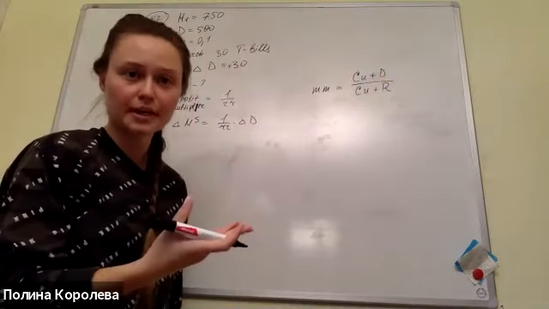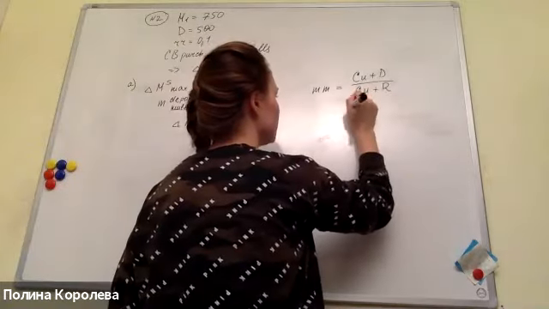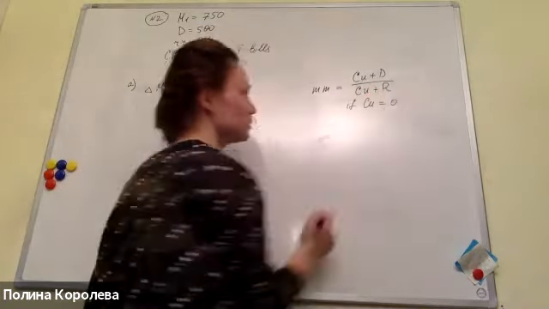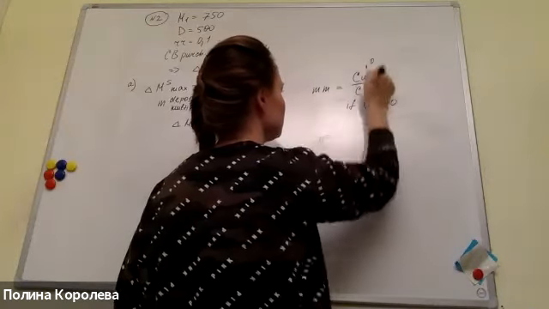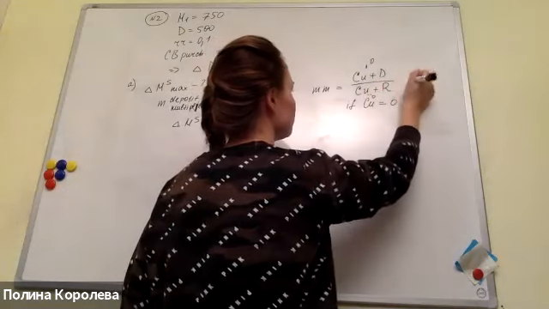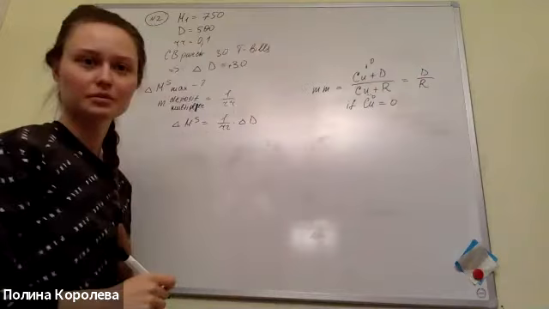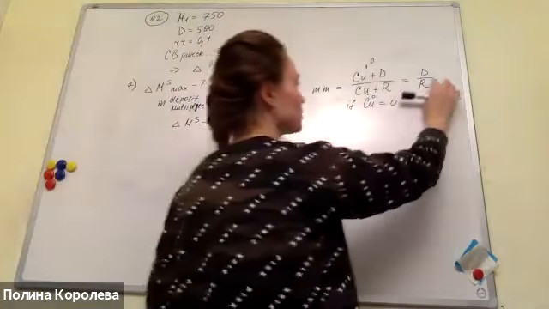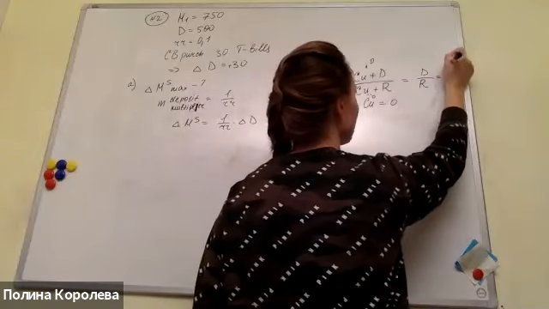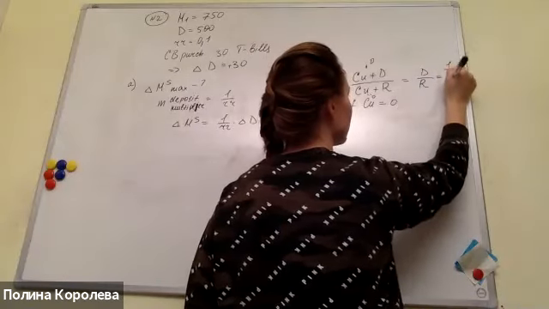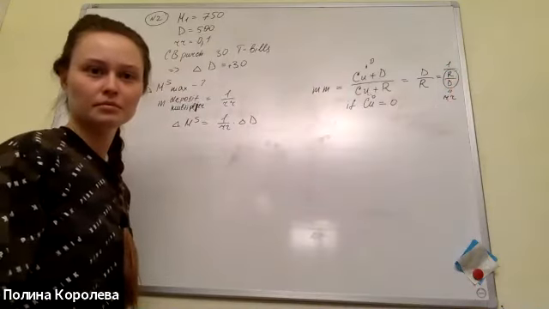And if we do not have cash, if currency equals 0, what will you have here? This is 0, this is 0. You will have deposits over reserves. And if you invert, this will be 1 over R divided by D, and this is the required reserves ratio. Agree?